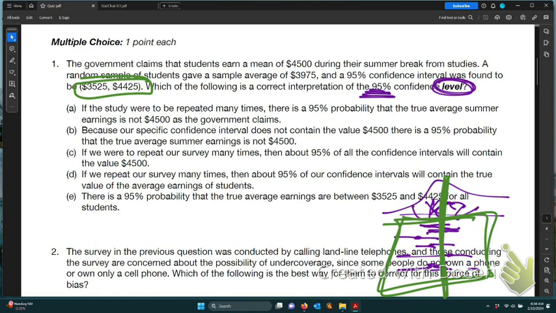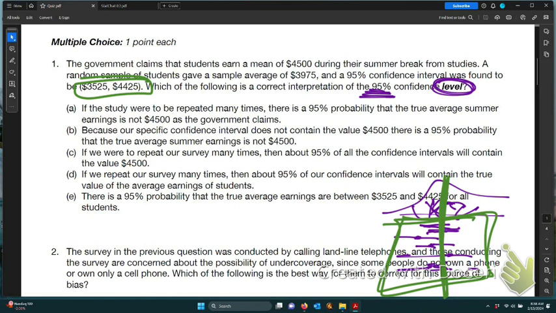If the study were repeated many times, this is looking good, there is a 95% probability. Oh, probability. When you are talking about confidence level, it's not a probability of something happening. Probability is when you do something that is a chance, random process.